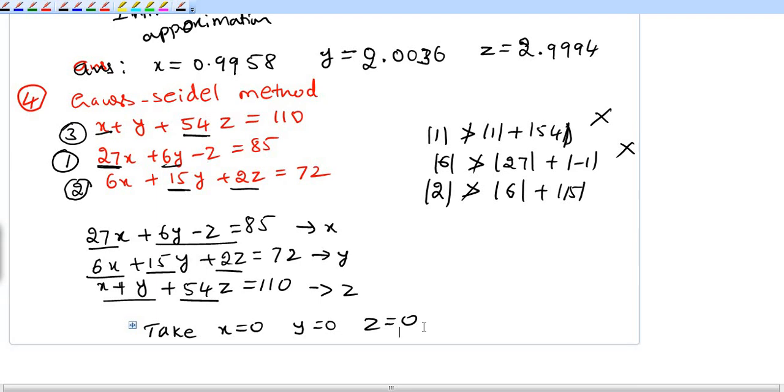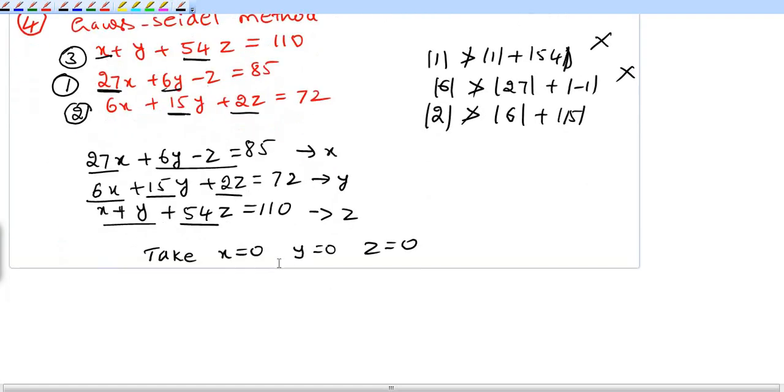To solve in that way, you will get the approximate value. At the fourth iteration, you will get the approximation value.